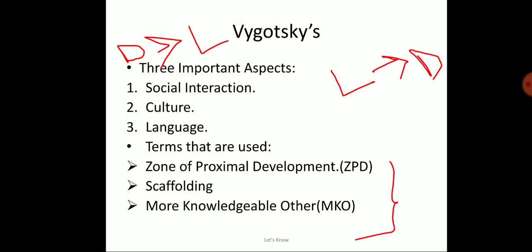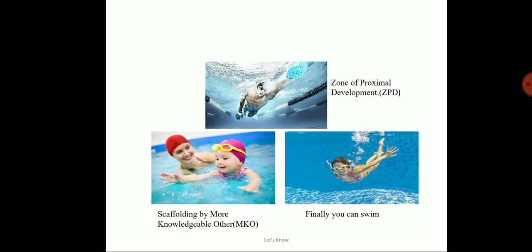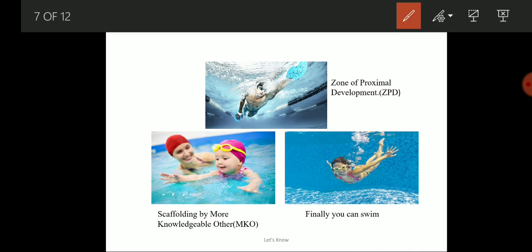These terms we can discuss very easily. In the next slide I have put some images so that you can understand these things easily. First of all, what is the zone of proximal development? Every individual can solve some problems by himself. Suppose this is the range up to which an individual can solve his problem.